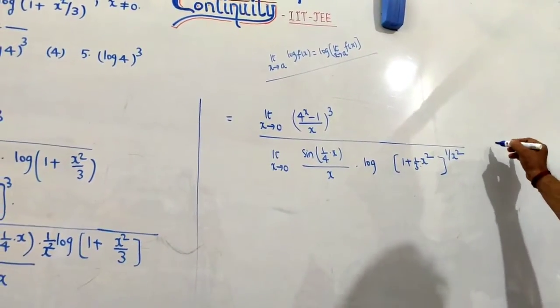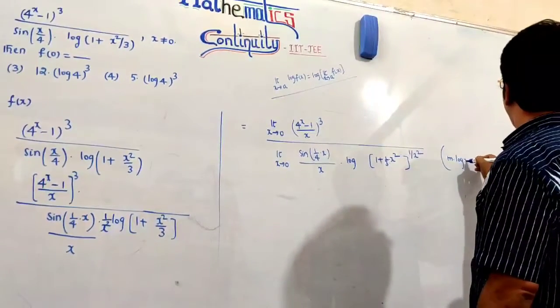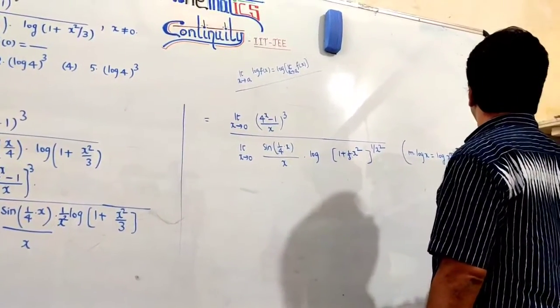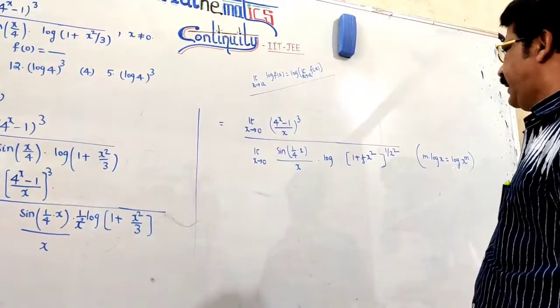How? Formula: m into log x equals logarithm of x to the power of m.